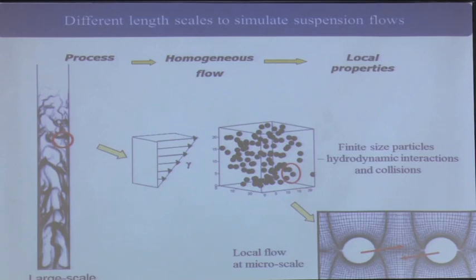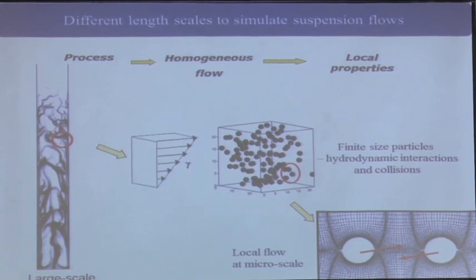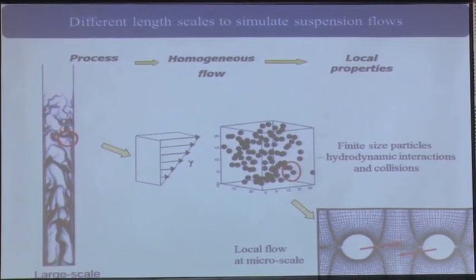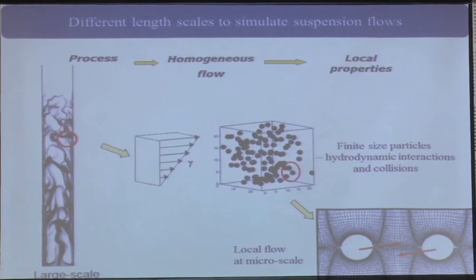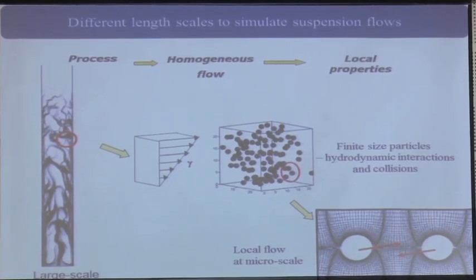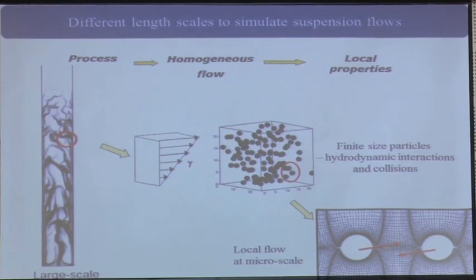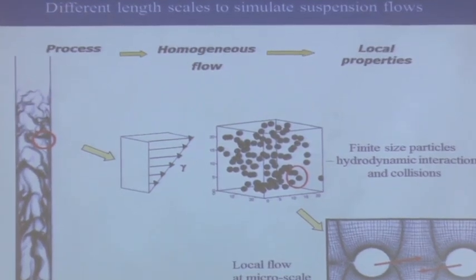So you see that it is completely unfeasible to do direct numerical simulation of particulate flows, because that would need to mesh dimensions which are related to the size of the particles. So let's say you have a process with fines, like, I don't know, 1 micron, 2 microns.